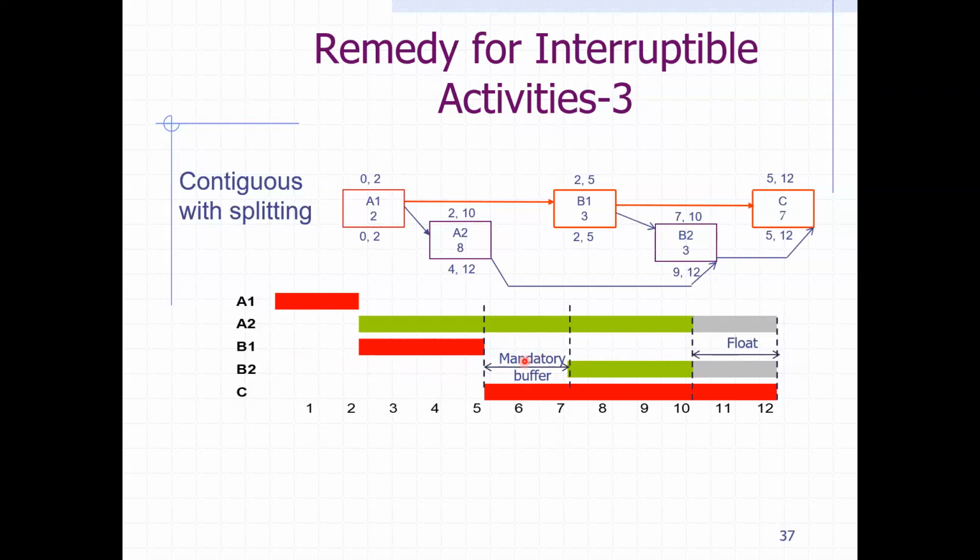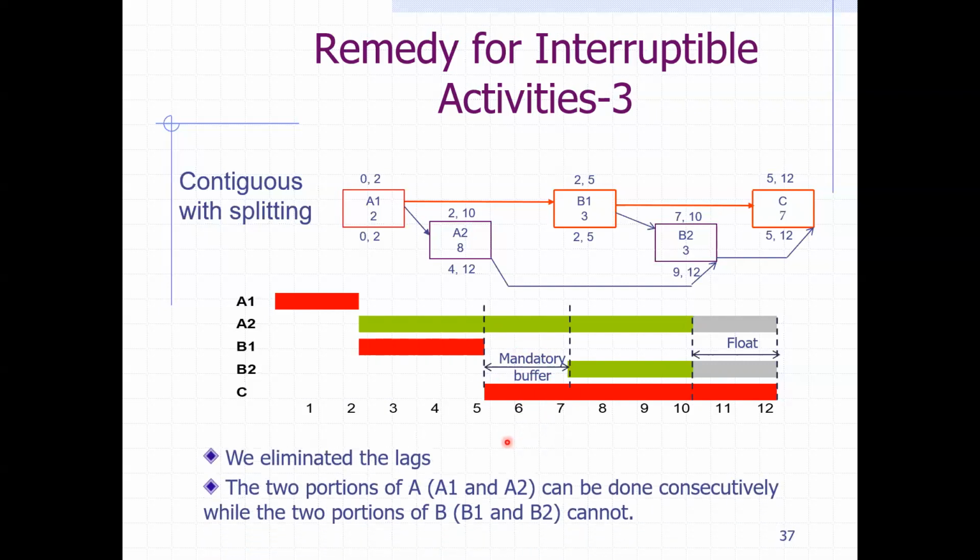So this is kind of the splitting approach for a contiguous activity, but you still have to indicate it in the scheduling, so people know that when they have the resource leveling, which we'll talk about in the next chapter, they don't have to allocate any resources here other than what's required.